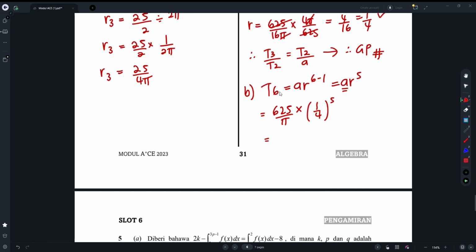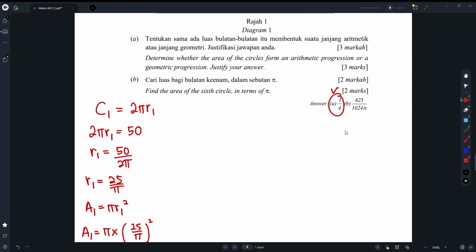So as you press this in the calculator, 1 divided by 4 to the power of 5, multiplied by 625, you'll end up getting 625 over 1024. Since there is a pi at the denominator, you just replicate the pi. So you end up getting 625 over 1024 pi. And as stated, that is the answer.